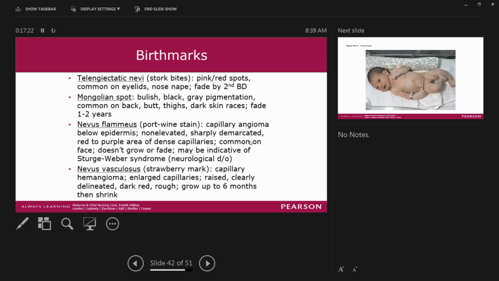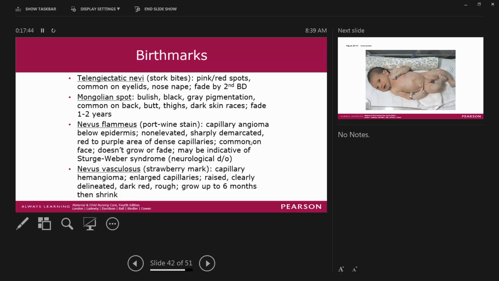They don't grow or get like a big mole looking thing. You usually see them on the face, somewhere around the temple region. They could be a sign of a neurological disorder, so we do want to point these out, or it just could be nothing.